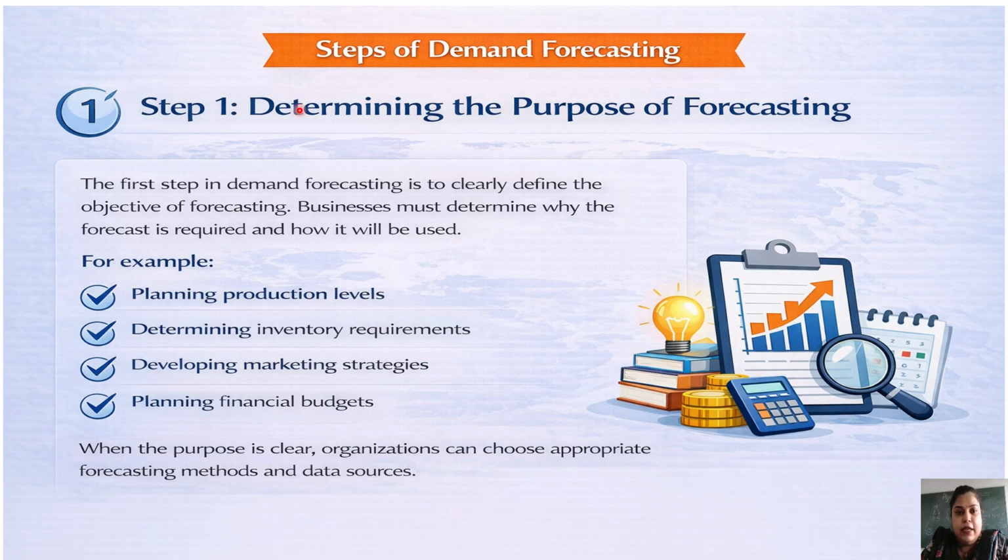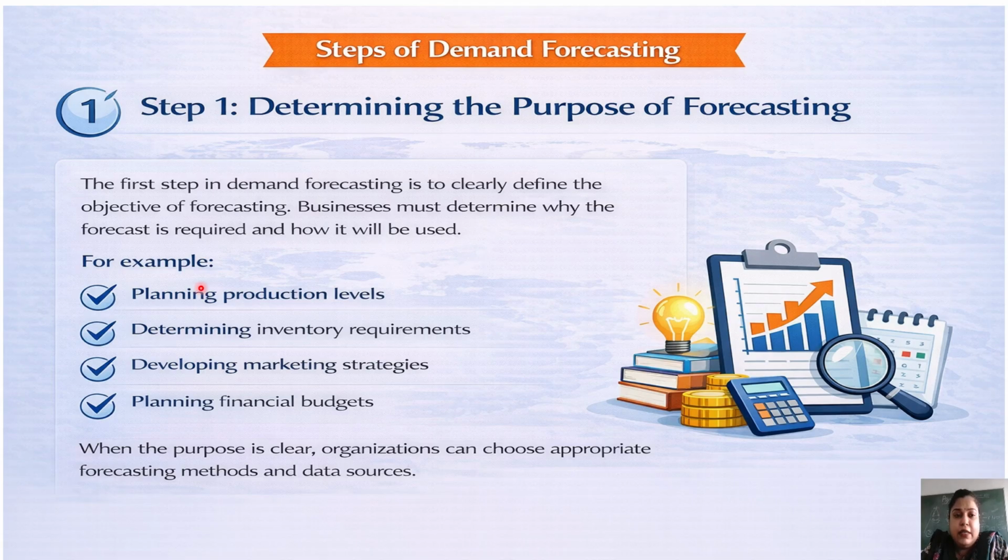Okay, let's see the steps of demand forecasting. In steps of demand forecasting, the first step is determining the purpose of forecasting. So here, the first step of demand forecasting is to clarify and define the objective of forecasting. In business, you must determine why the forecast is required and how it will be used.